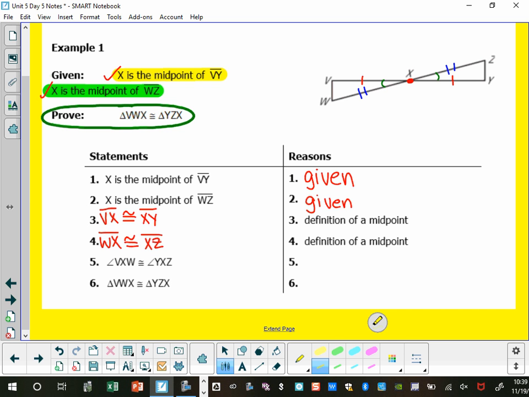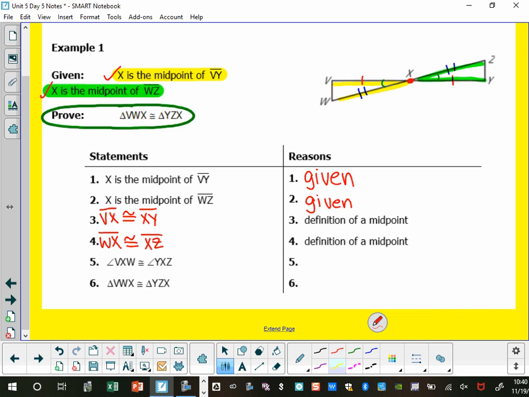Alright, so step 5 says that angle BXW is congruent to angle YXZ. I know that based on the angles I just put in there.